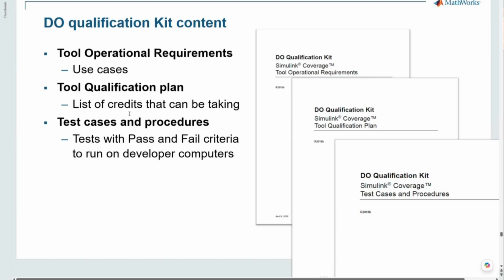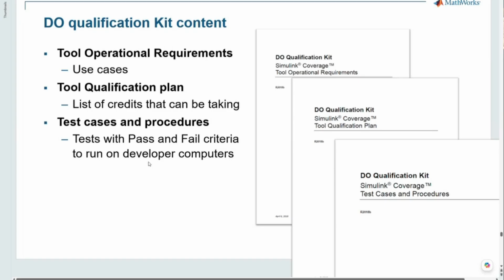It is not needed for TQL5, but we include it because it's something that you can then use directly in your PSAC. And in this tool qualification plan, we describe the criteria, we describe the objectives that you can eliminate with the tools. And of course, we also provide, and this is what takes most time, the test case and procedures in regards to the features that we specified in the tool operational requirements.